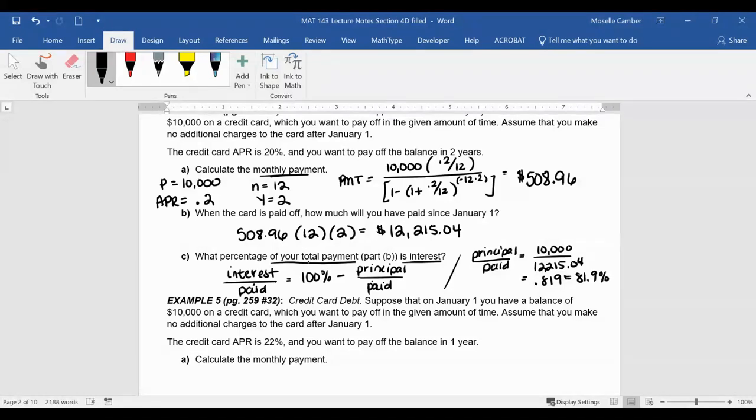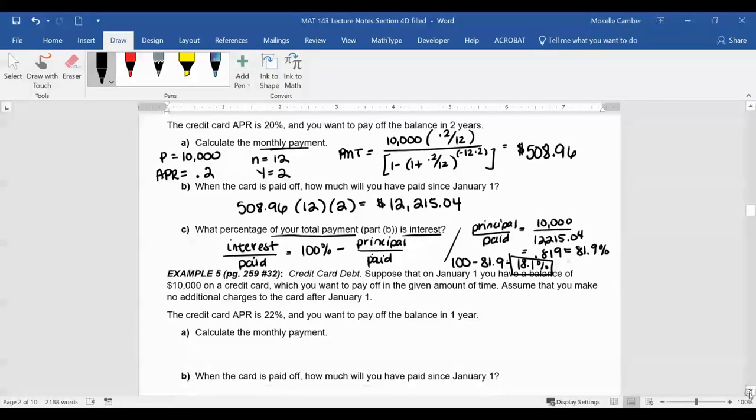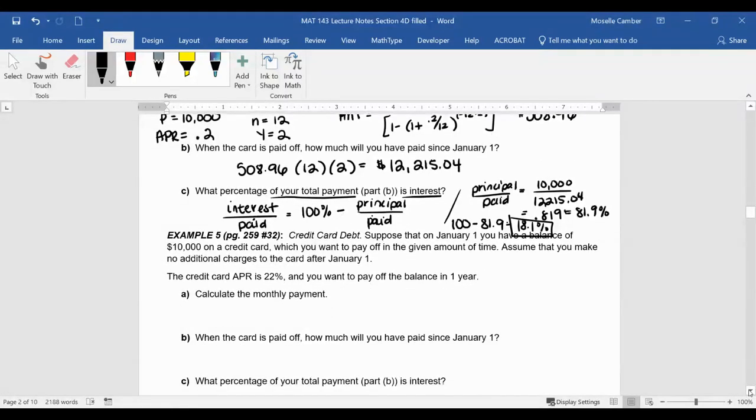But I want the interest, so I'm going to take 100 and subtract off my 81.9 to get 18.1%. So 18.1% of what I paid back is interest.